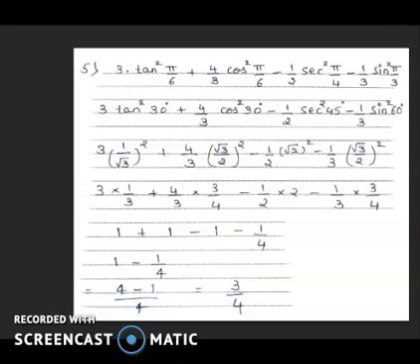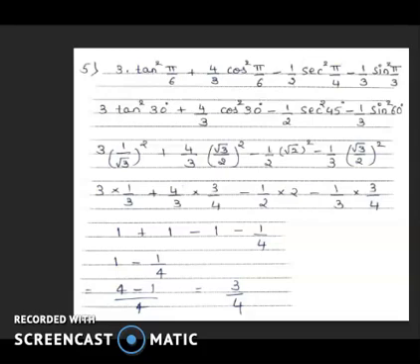Here pi value is 180 degree. 3 into tan square of 180 upon 6 is 30 degree, plus 4 upon 3 cos square of pi upon 6 is again 30 degree, minus 1 upon 2 sec square of pi by 4 is nothing but 45 degree, minus 1 upon 3 sin square of pi upon 3. 180 upon 3 is how much? 60 degree.